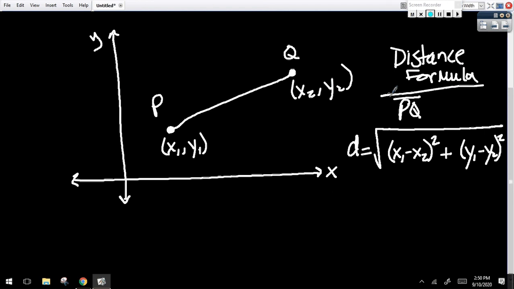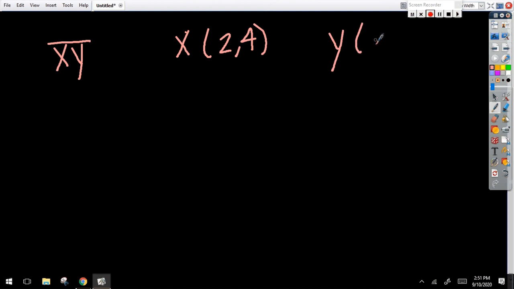All right, so let's say, for example, I have a line segment. Let's say I have segment XY in the coordinate plane, and let's say that X has the coordinates 2, 4, and that Y has the coordinates -1, -3.